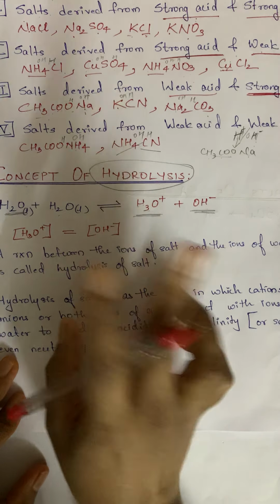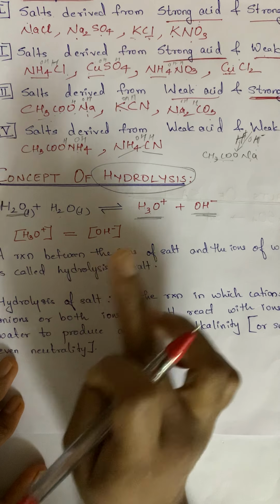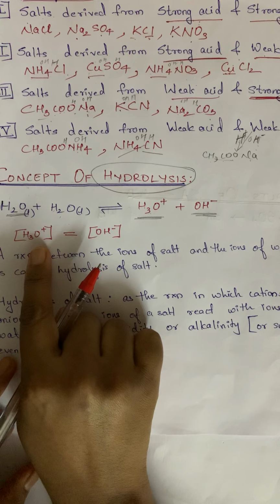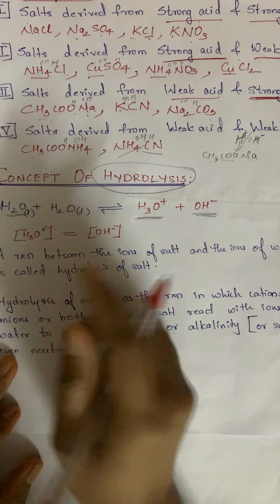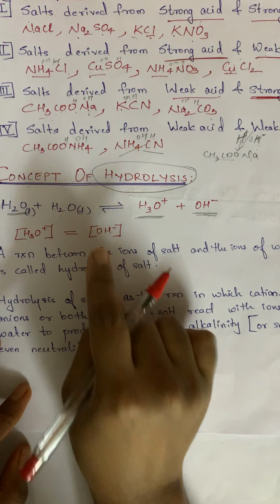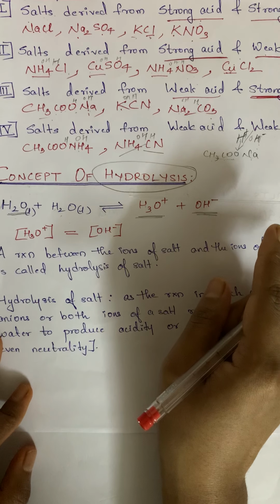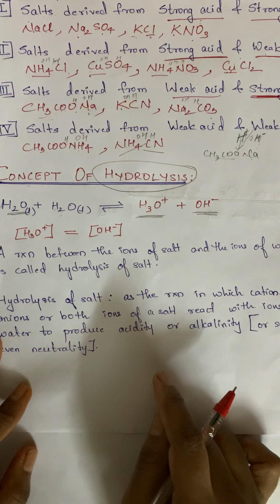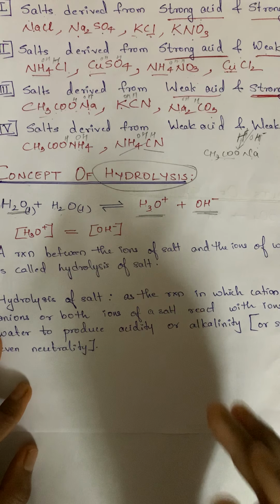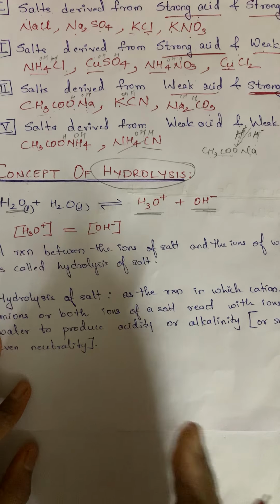And if both the cations and anions combine with water and the balance is maintained, then the solution will be referred to as a neutral solution. So depending upon the salt, the solution will be acidic, basic or neutral in nature.